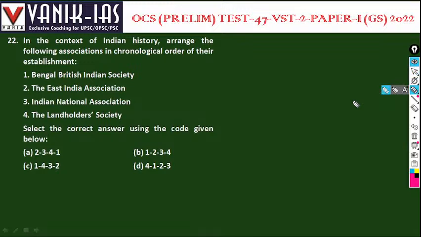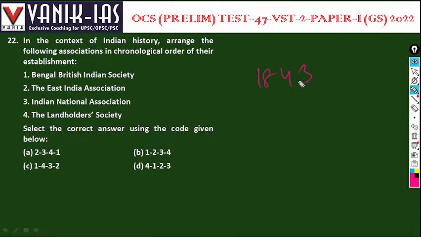In the context of Indian history, arrange the following associations in chronological order of establishment. First, the Bengal British India Society, established in 1843.